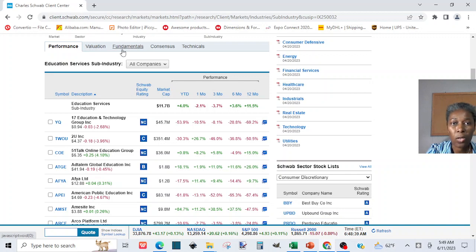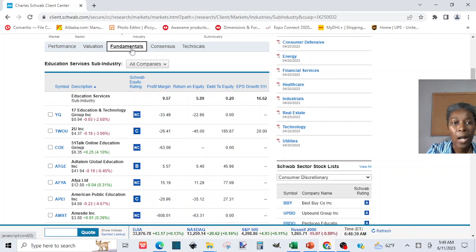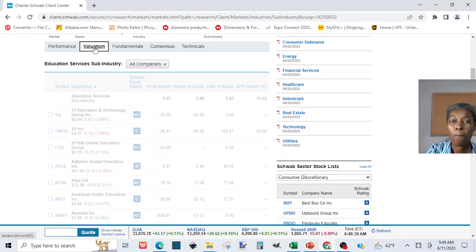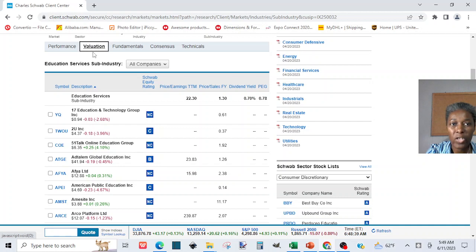When you click on each one of those, you'll be able to find the information related to those companies. But we are going to click on valuations because valuation includes dividend yield or annual dividend rate, and that's because we are looking for dividend stocks.